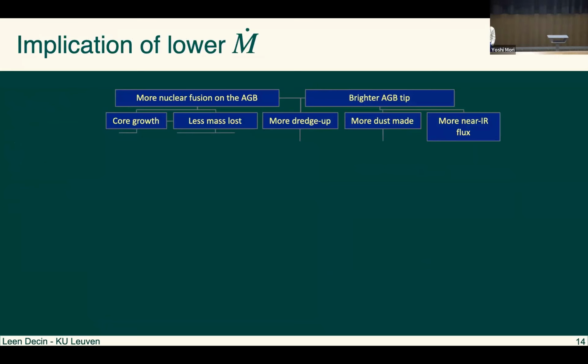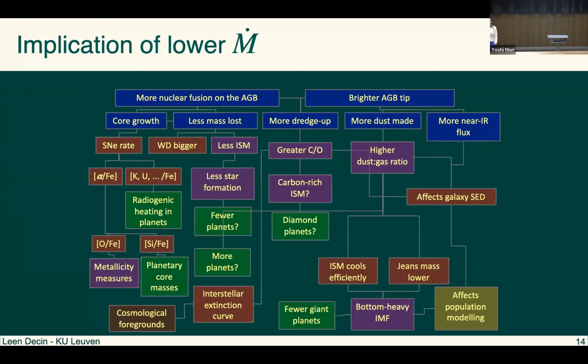If your mass loss rate is wrong, you can think of many things that are happening, and I will not discuss all of them, but it impacts how planets can be forming. It impacts the enrichment of the interstellar medium. It impacts our carbon budget, etcetera. And depending on which path you're following, you can have, for instance, fewer planets, and you can also have more planets.